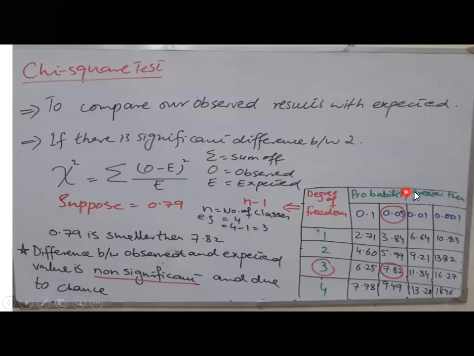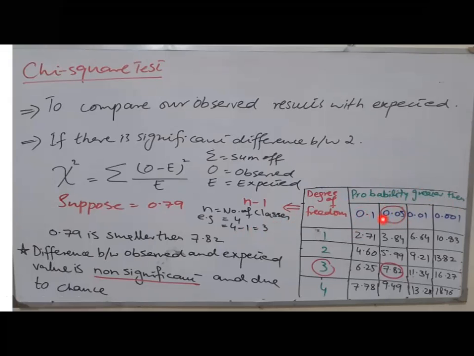And we have been given a chart like this, in which there is a probability greater than this one. The chart will contain the values of 0.1, which means 1 out of 10. It means that it is showing more error between the observed and the expected values. 0.05 means there is a kind of error of 5 among 100.